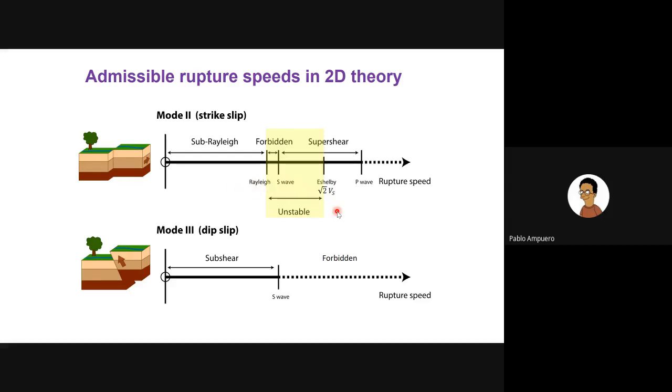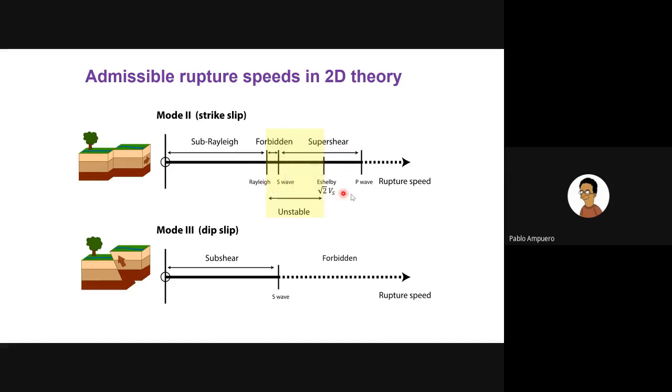And we also have a speed called the so-called Eshelby speed, which is the square root of 2 times the S wave speed. All right, so earthquakes can propagate at speeds that are below the Rayleigh wave speed. And this is what we observe the most often in nature. Rarely, but it does happen, earthquakes do propagate also at supershear speeds. Those are defined as speeds that are larger than S waves.